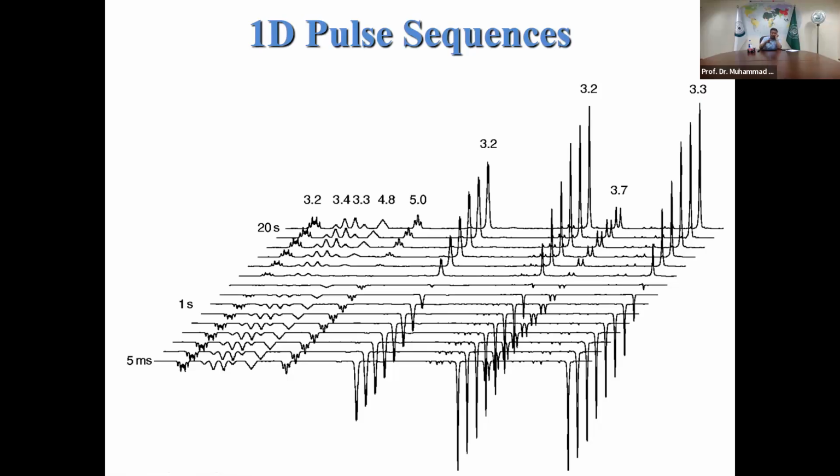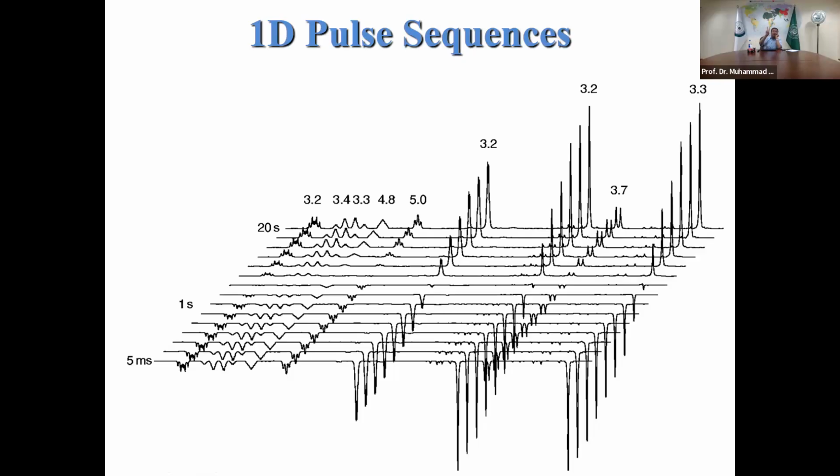It's called inversion recovery. You invert the signal by 180, and then you measure the recovery in time domain. So from minus z to plus z, and you are recording this by 2 pulses.